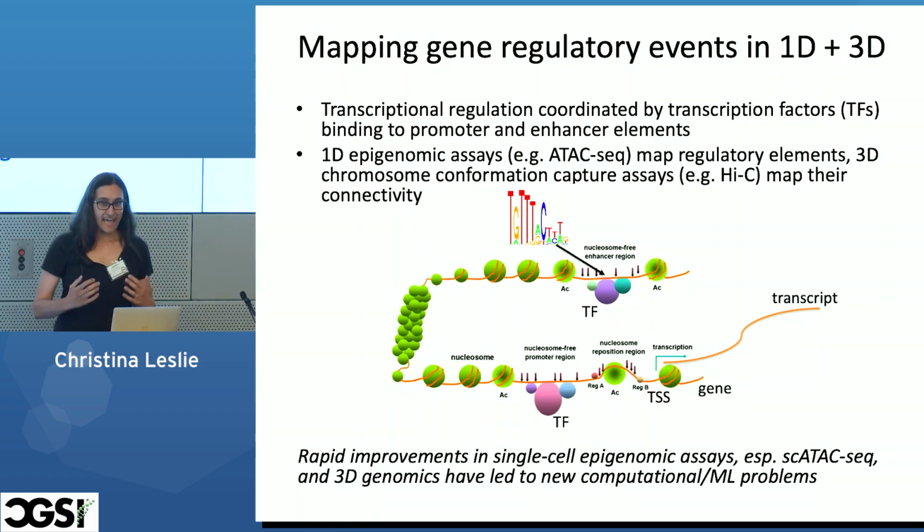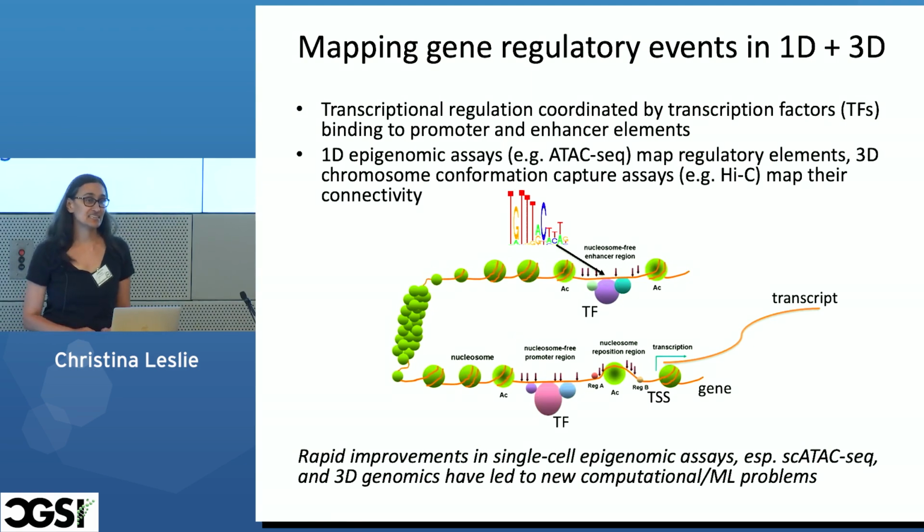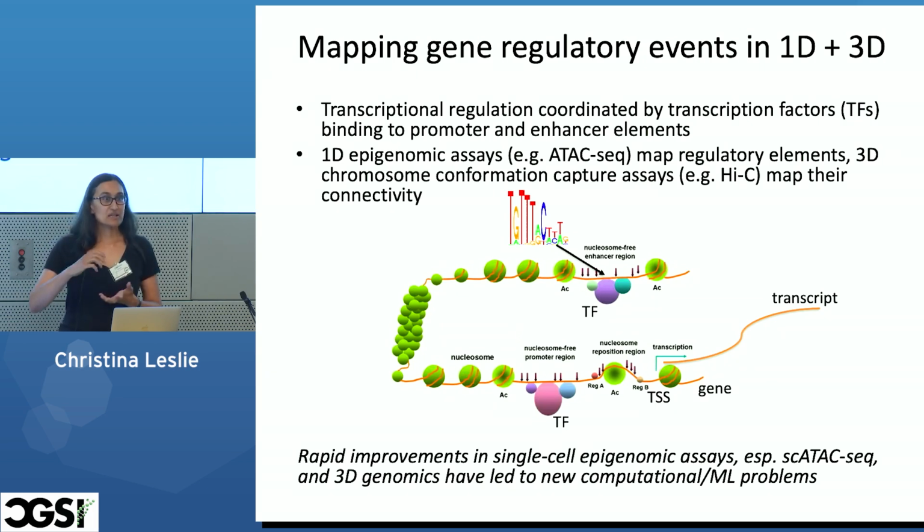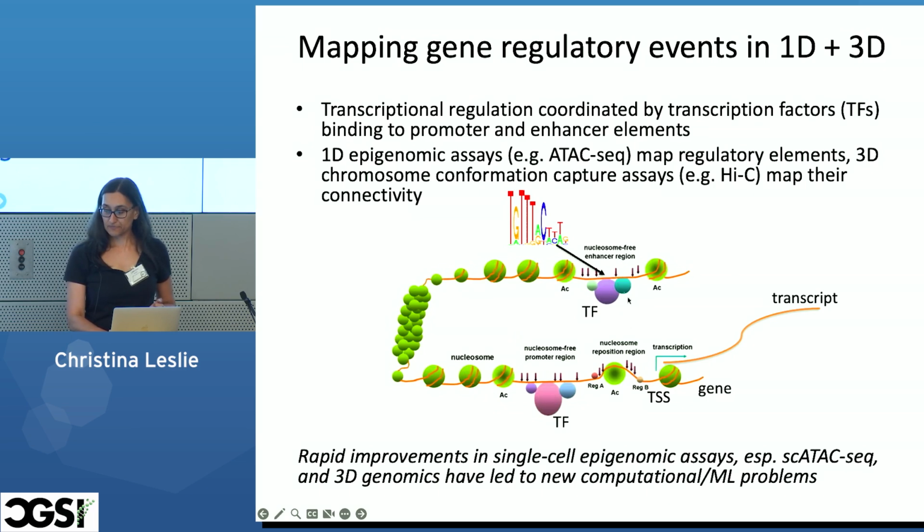All right, and what's happened in the past few years is we have excellent data on 1D epigenomic data, increasingly at single cell resolution, as well as 3D genomic data that tells us about the connectivity of the genome in 3D. Okay, and this leads us to new problems, new machine learning problems that we can solve to try to understand this data.